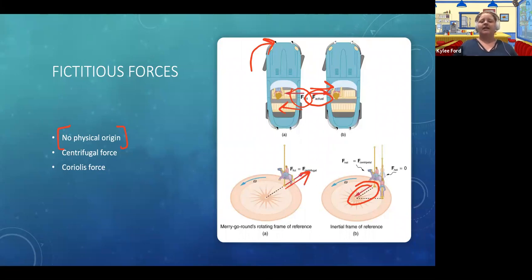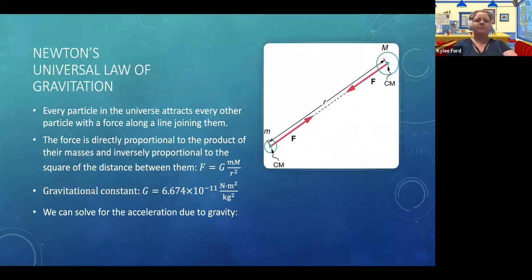Again, it's all about Newton's third law. So just be careful when you're talking and thinking about this stuff. These are fictitious forces. There's also the Coriolis force, which I'm not going to go into, I just wanted to mention it. Your book does go into more depth with it.